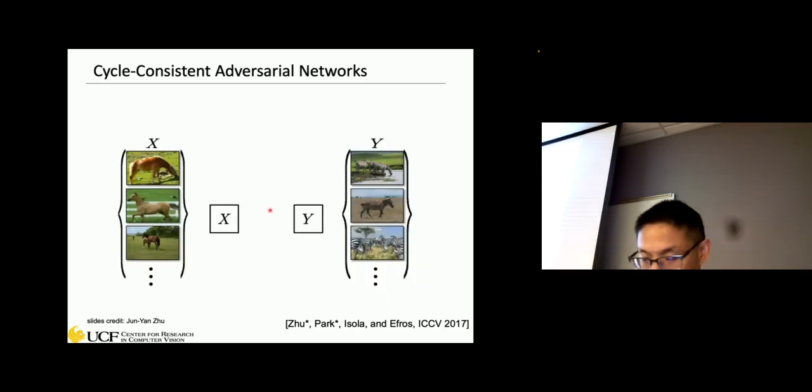There's no one-to-one correspondence. So this paper tries to address this problem. That's why they call this unpaired, and they propose this idea called cycle consistency. So let's see what their idea is to facilitate this unpaired image translation training.